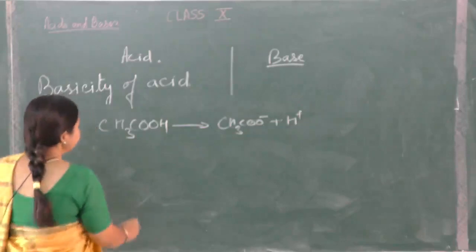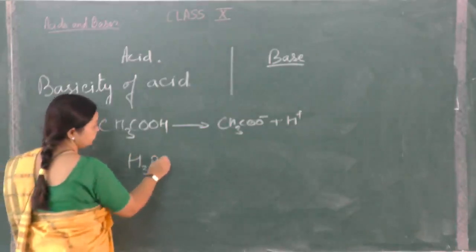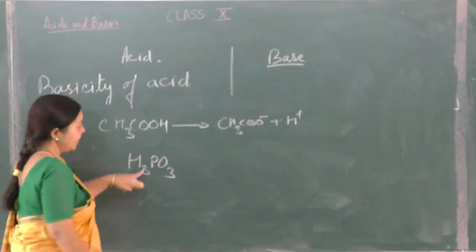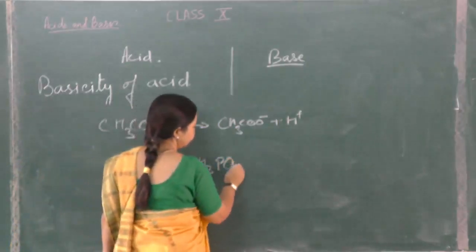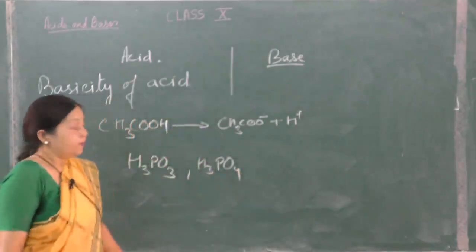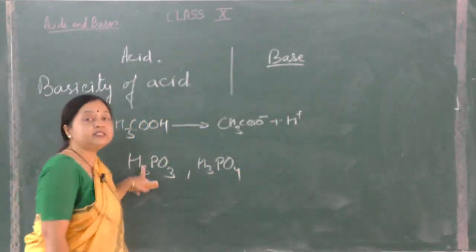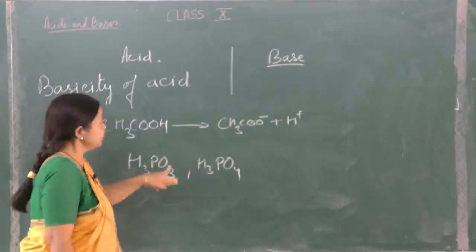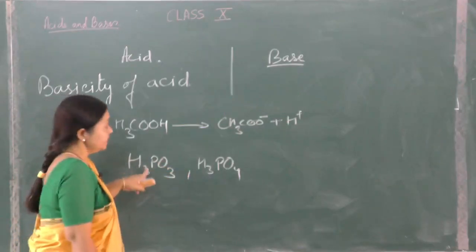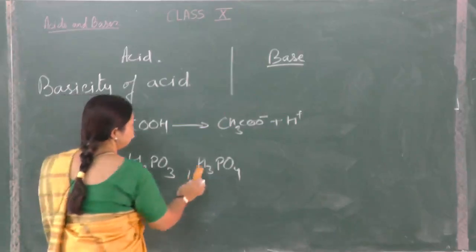Again, H3PO3. There are 3 hydrogens, and in H3PO4 here also there are 3 hydrogens, but H3PO3 is not a tribasic acid. H3PO4 is tribasic, but this is not a tribasic acid. Look at the structure of H3PO3.